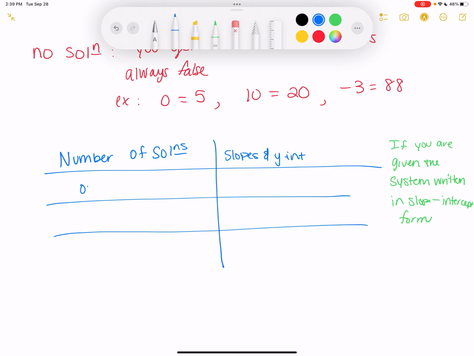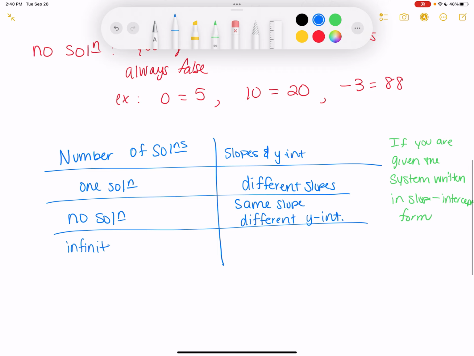If you have one solution, you just have different slopes. If it's no solution, you have the same slope with different y-intercepts. And if it's infinitely many solutions, the same slope and the same y-intercept.